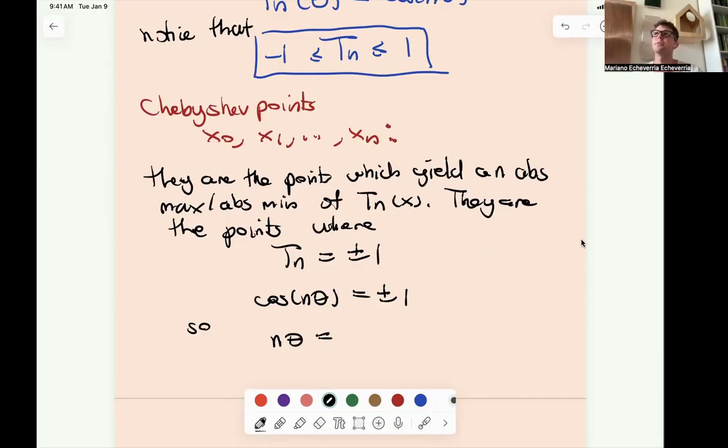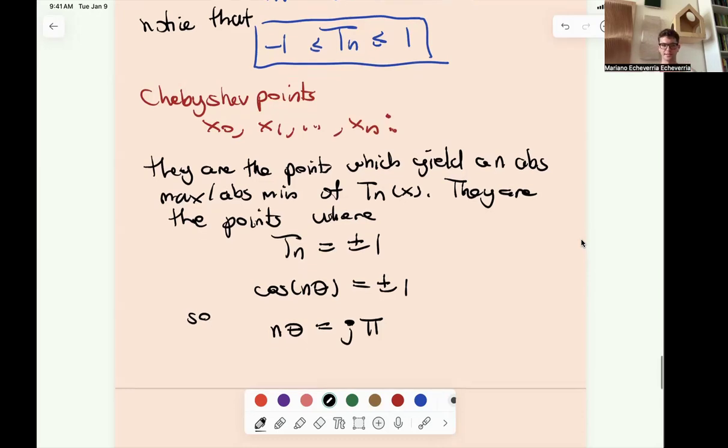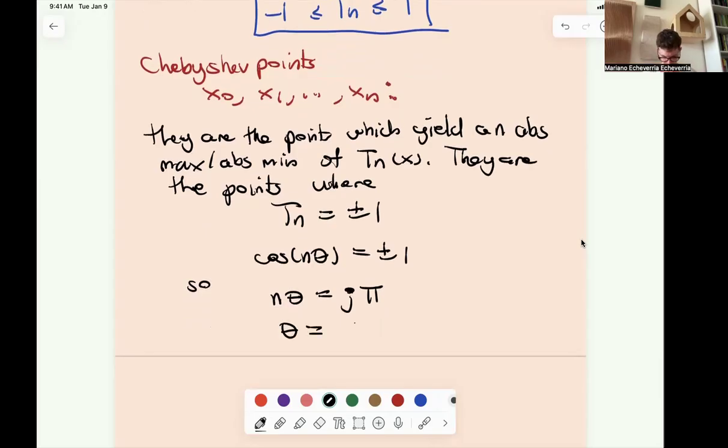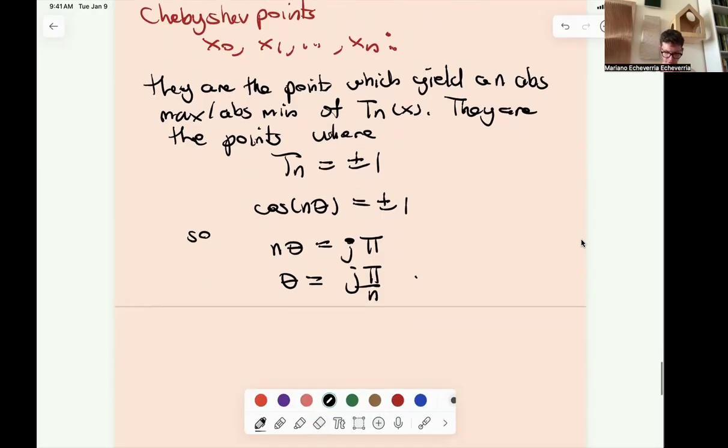The easiest way to say it is that n theta has to be any multiple of pi, because that includes 0, pi, 2 pi, 3 pi, 4 pi. And so that tells you that theta has to be j pi over n, where j is an integer. Then the corresponding values for x are what I care about.